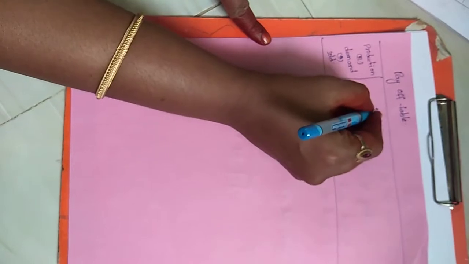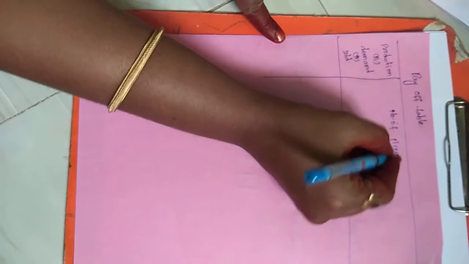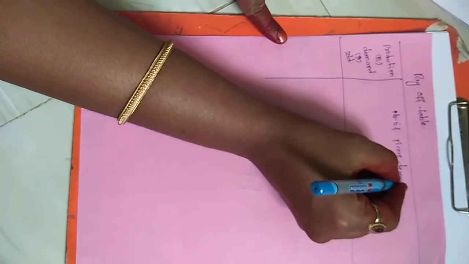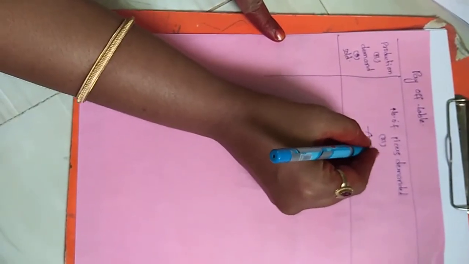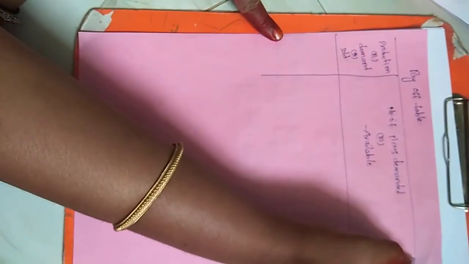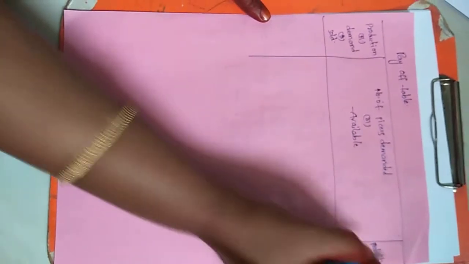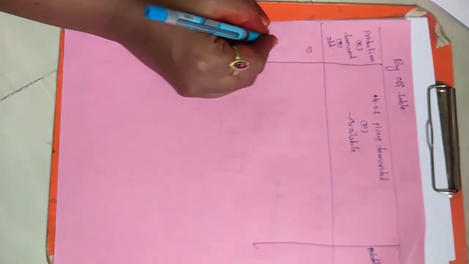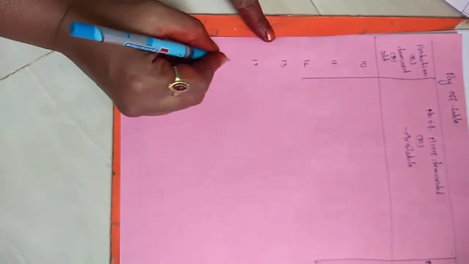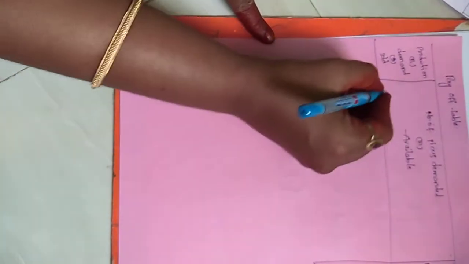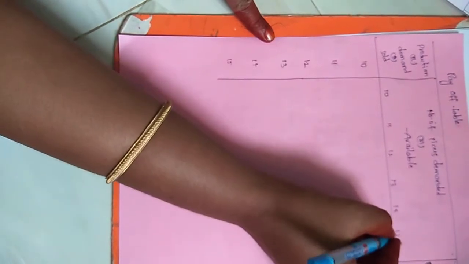Next, number of pieces demanded, available, and probability. 10, 11, 12, 13, 14, 15, again 10, 11, 12, 13, 14, 15.